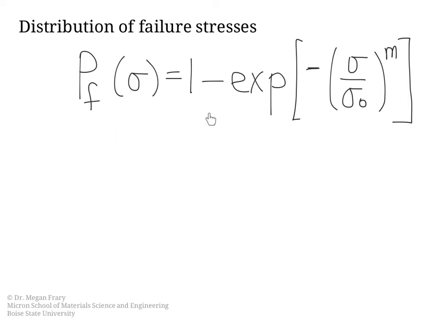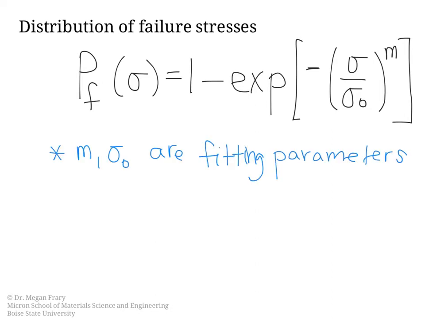So we have 1 minus e to the negative sigma, so this is the same sigma as over here, as a function of stress, which is divided by this variable sigma naught and raised to the power m. So in this equation, m and sigma naught are the fitting parameters. This distribution of failure strengths follows what's called the Weibull distribution, and m is what's known as the Weibull modulus.